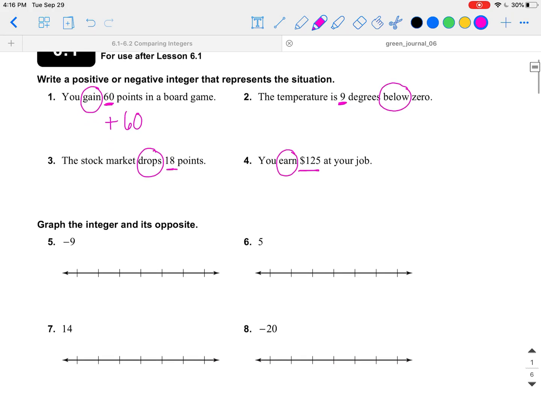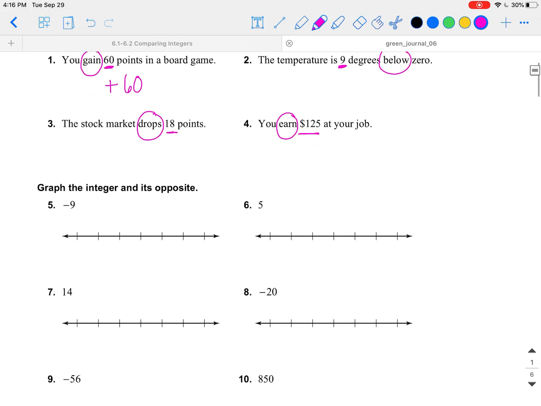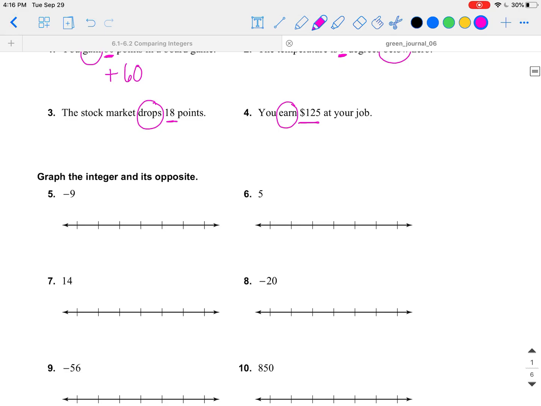All right, so I want to do an example for you on the next ones as well. So these ones say graph the integer and its opposite. So opposite, you should understand from our notes that an opposite is just the same value but with an opposite sign. So when we're talking about 9, negative 9, the opposite would be 9.